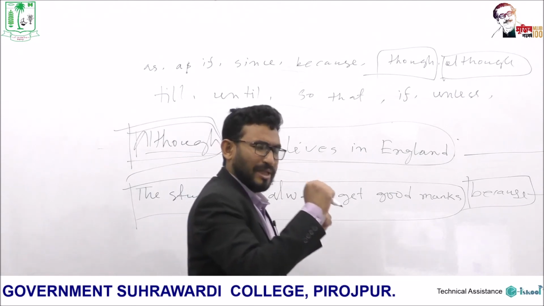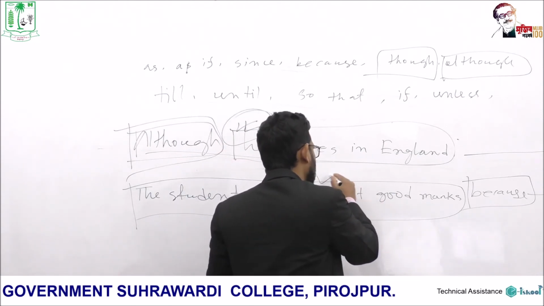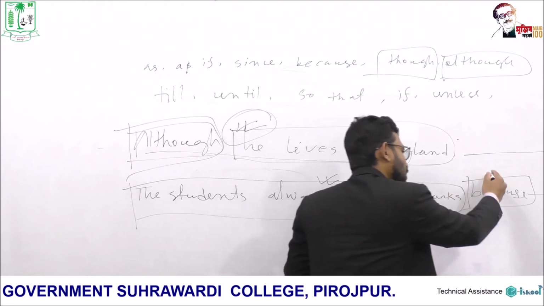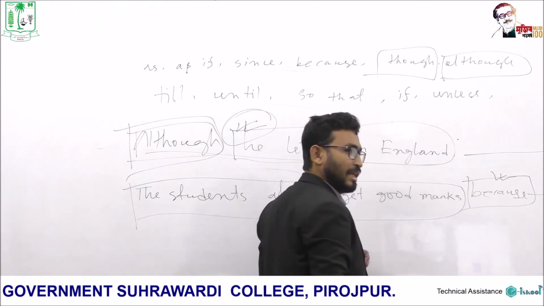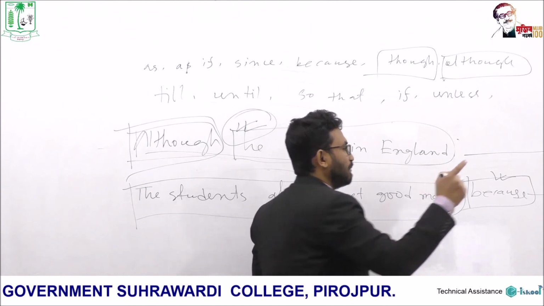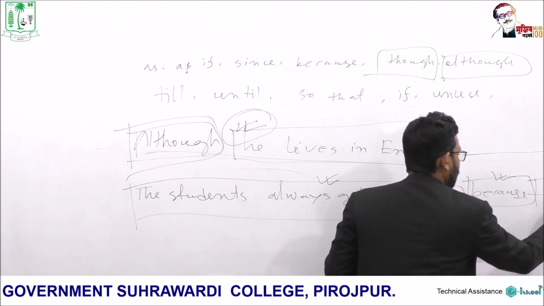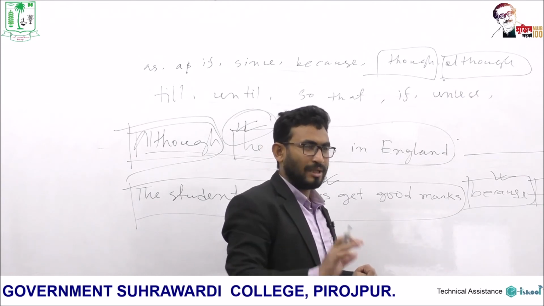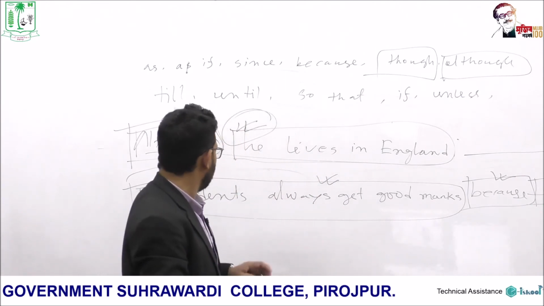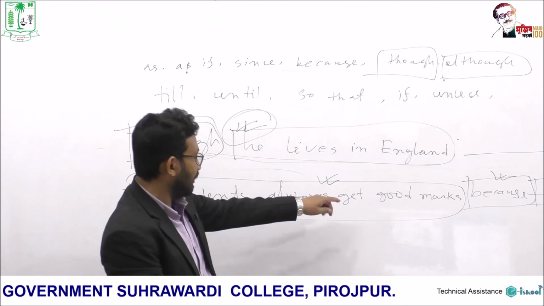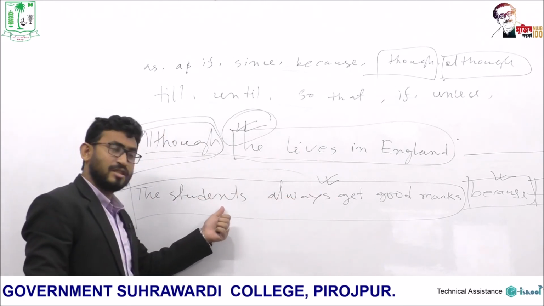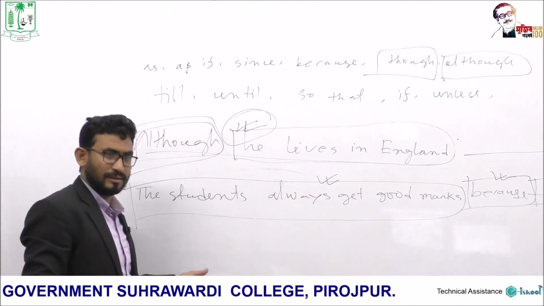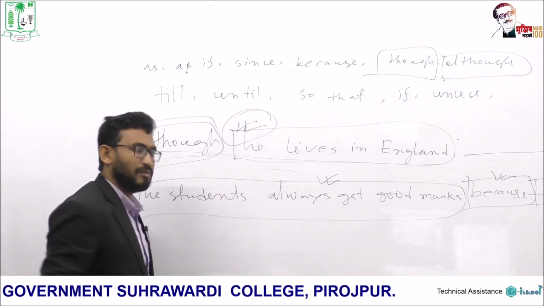Then what does it mean? As the principal clause is given and there is a conjunction because, it means that you have to write a subordinate clause. And what kind of subordinate clause can it be? Based on the sense of the previous principal clause, we can write a subordinate clause.